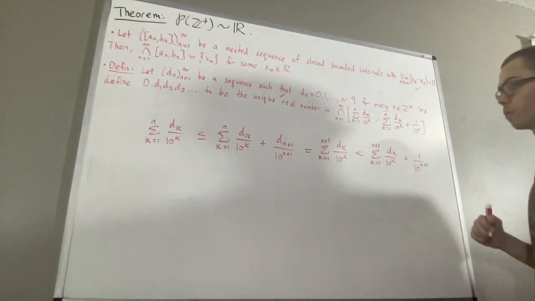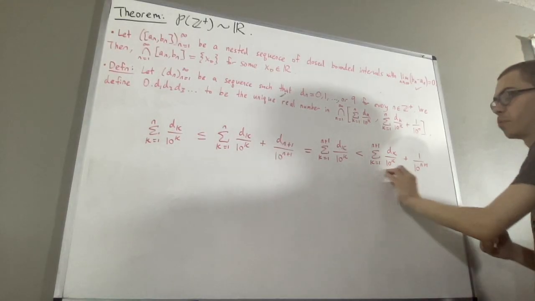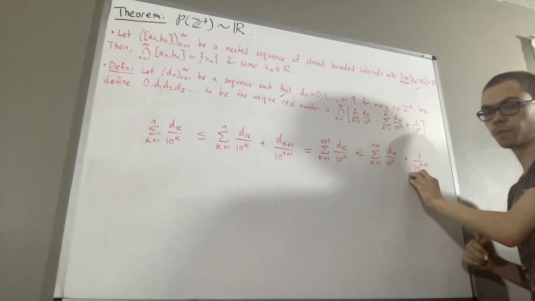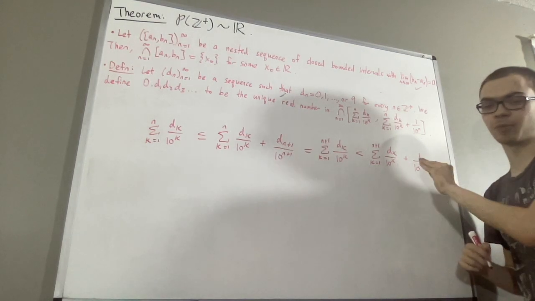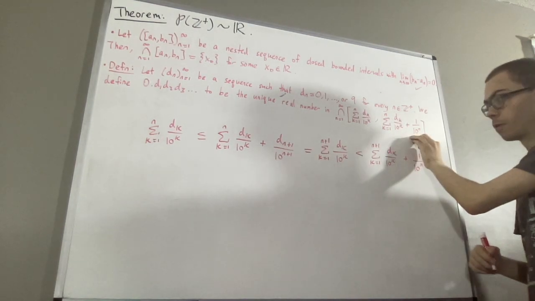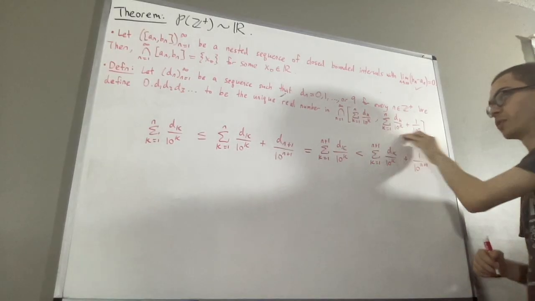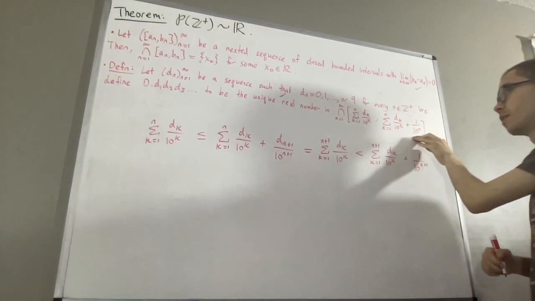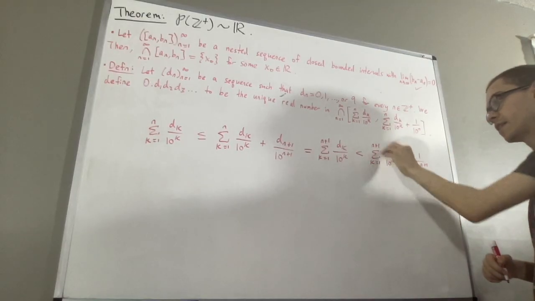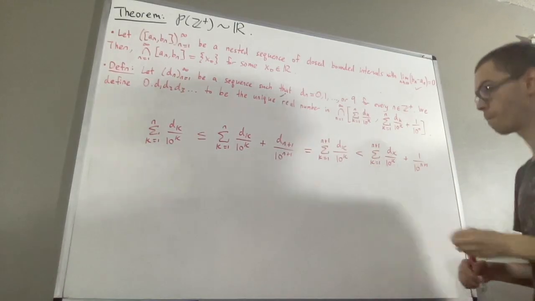But then, we want to show that the right endpoint of the n plus 1th interval is less than or equal to the right endpoint of the nth interval. Right, we want to show that this guy is less than or equal to this guy. And so to do that, let's take this sum and pull away the n plus 1th term.